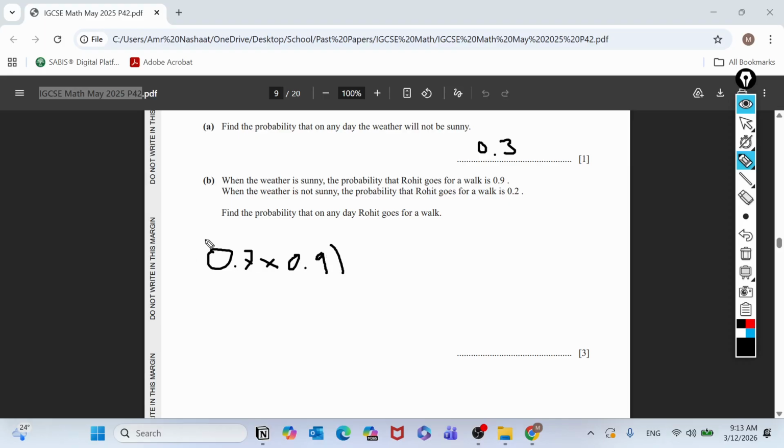This is if it's sunny and he goes for a walk. Or, so or is plus. It's not sunny and he still goes for a walk. So it's not sunny is 0.3, and for him to go for a walk when it's not sunny is 0.2. You put it on your calculator. What do you get? 0.69. Okay.